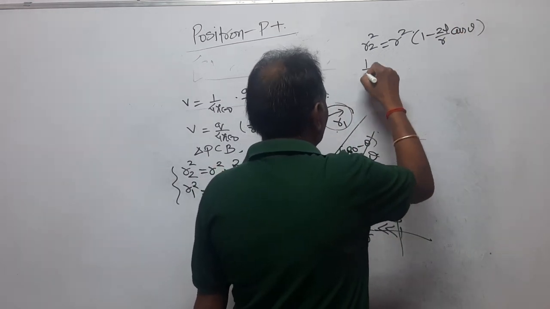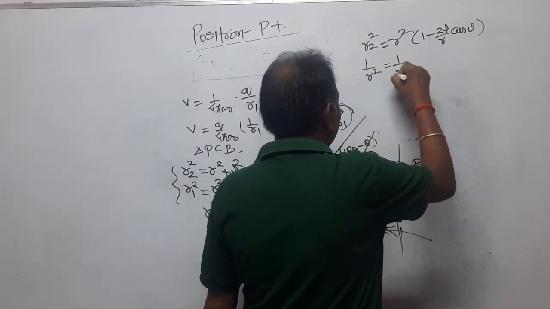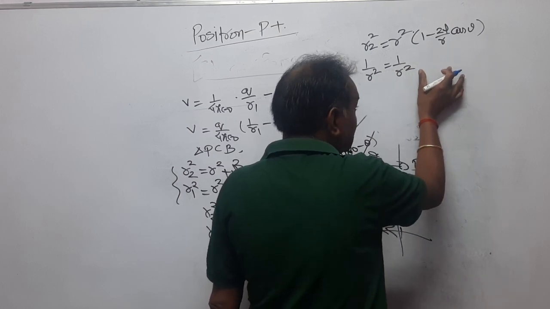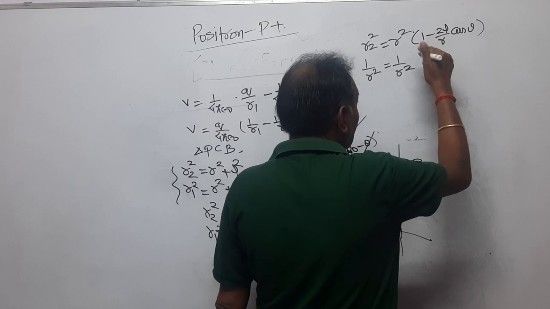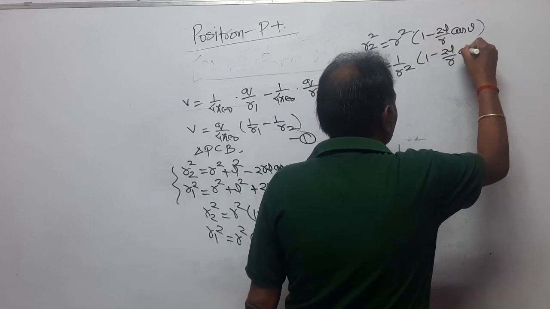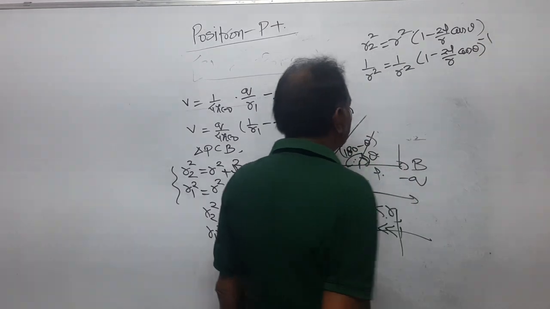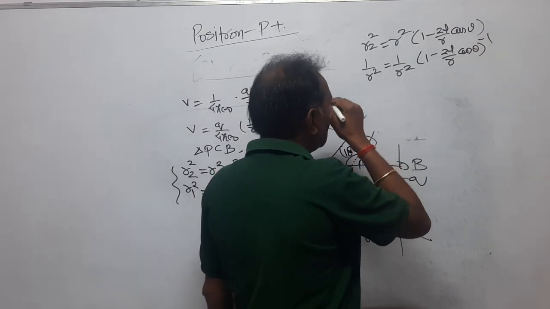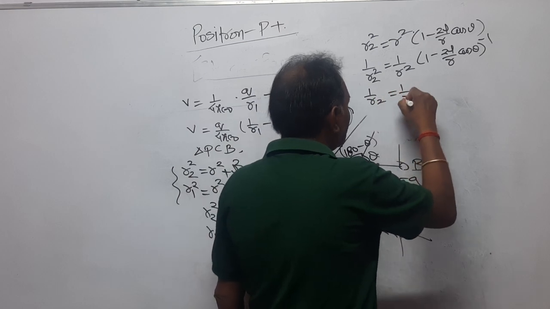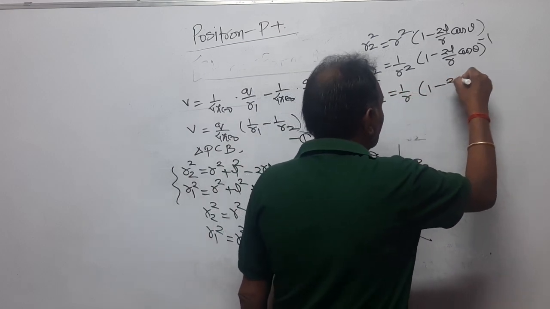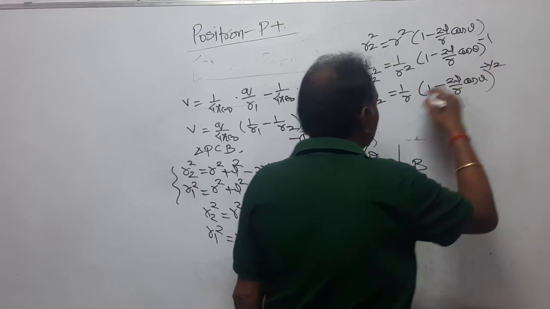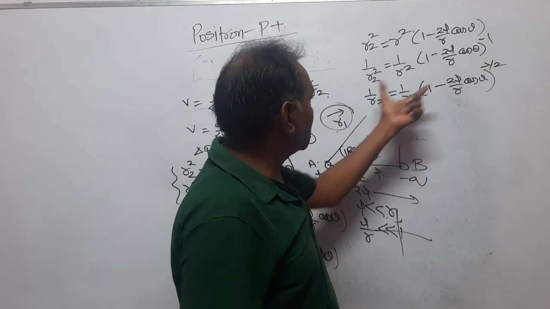Or you can write 1 upon R2 square equals 1 upon R square, and this will actually be in the denominator, but we are bringing it into the numerator like this, 1 minus 2L upon R cos theta, inverse. Now 1 upon R2 equals 1 upon R times 1 minus 2L upon R cos theta to the power minus 1 by 2, taking the square root throughout the equation.